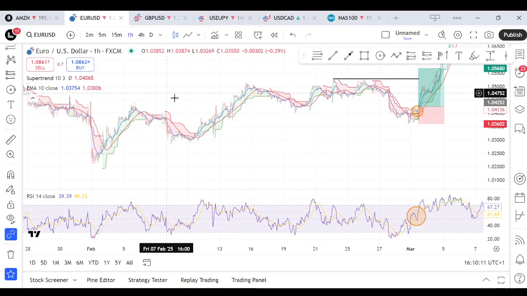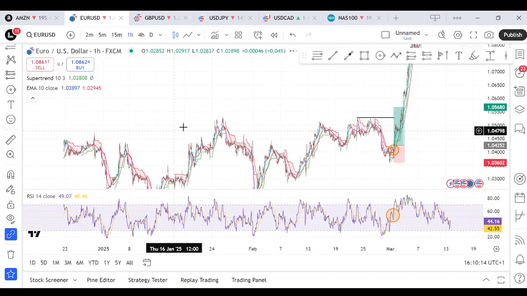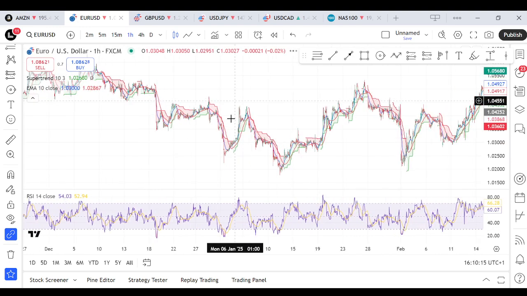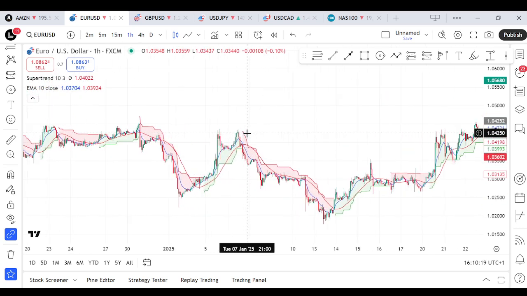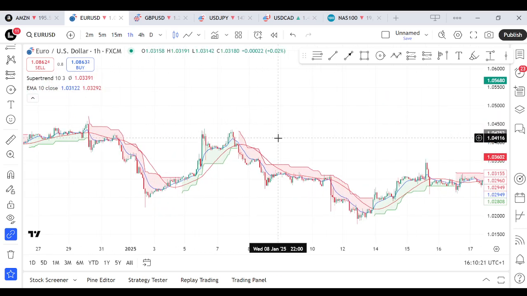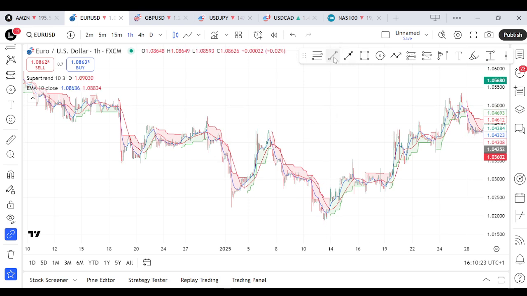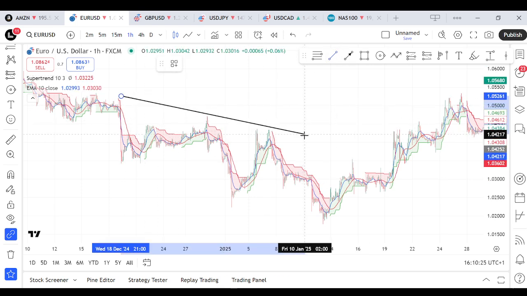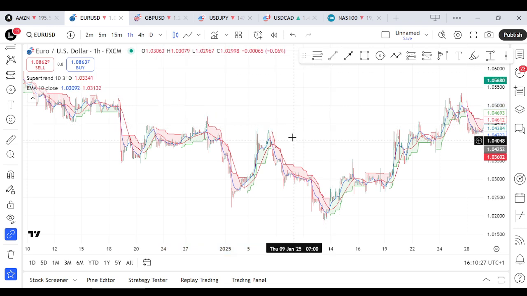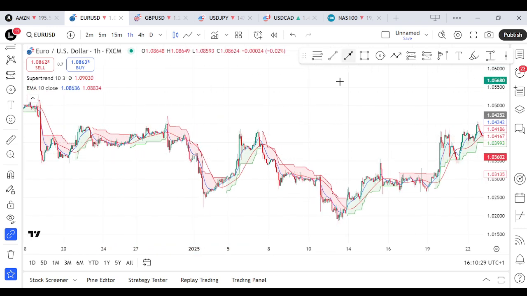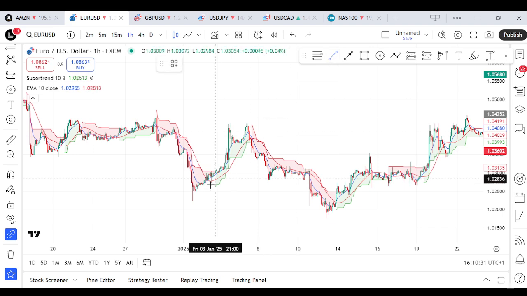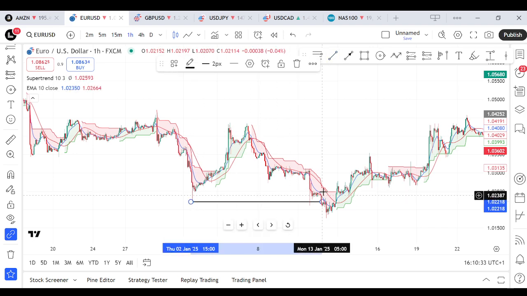Let's quickly look for a sell trade example, and we can see one here. So price is obviously bearish, have a bearish trend. So we are expecting price to continue its downtrend to break structure here.